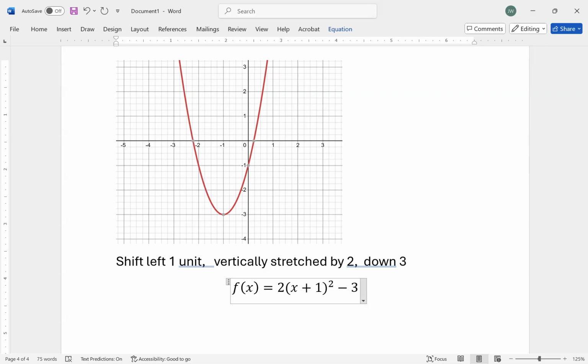That's what we get. And sure enough, if you graph that, you will find this exact graph for the function. So left 1, vertical stretch by 2, and then down 3.